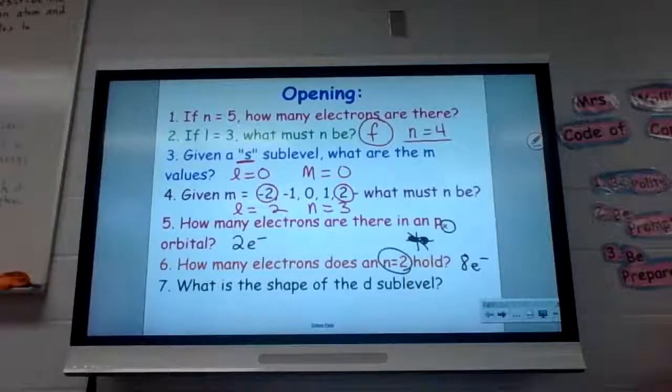How many electrons? And which one? Number 5. This one we just talked about. Now I'm confused because I didn't get 2. You said would it be the same for PX or PY? Yeah, but I didn't. Okay, never mind. What'd you put? 6. Okay. If it just said P, it would be 6.